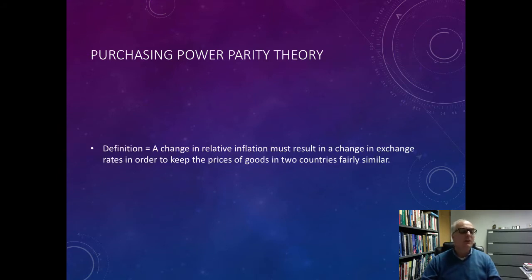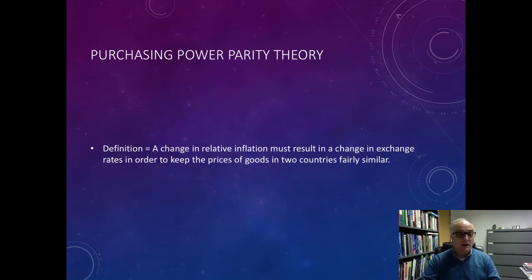So a more formal definition of purchasing power parity theory is that a change in relative inflation must result in a change in exchange rates in order to keep the prices of goods in two countries fairly similar. So it goes back to that idea: if one country is experiencing high rates of inflation, then its currency needs to weaken to be able to balance out the price of those goods again.